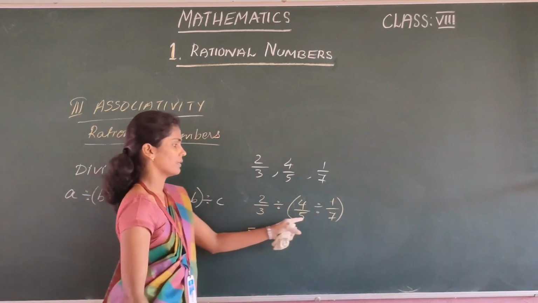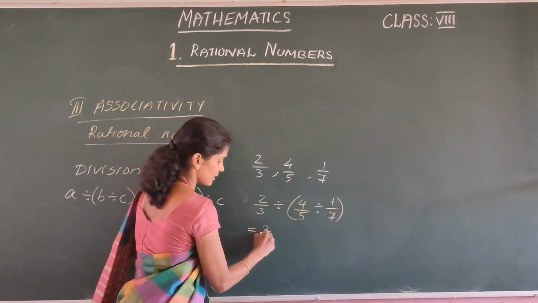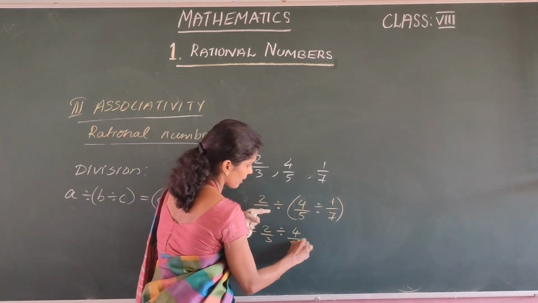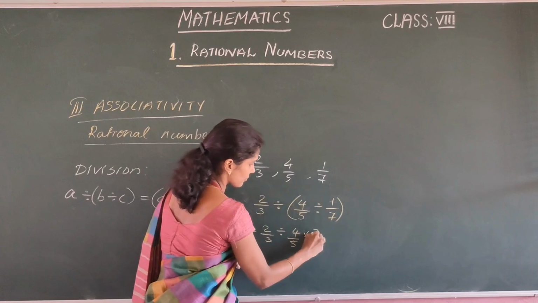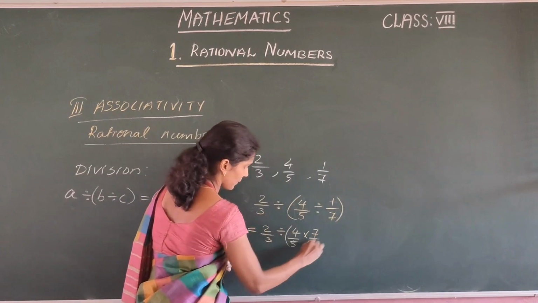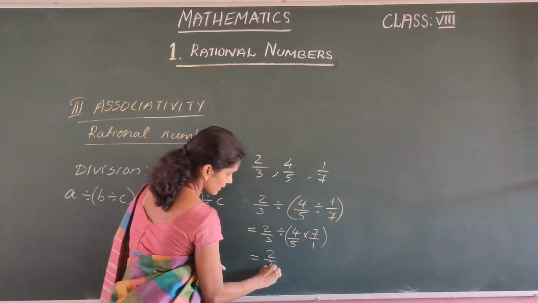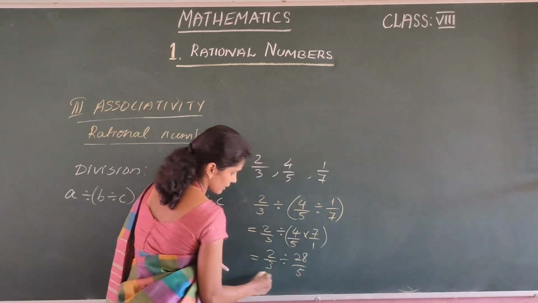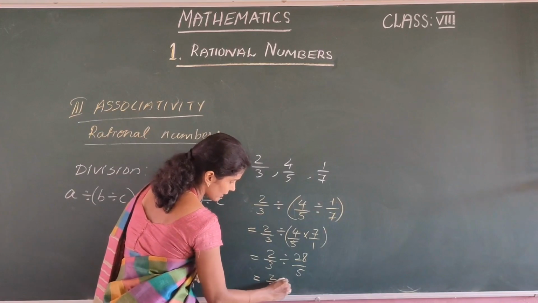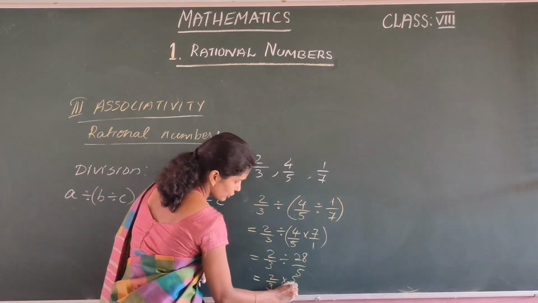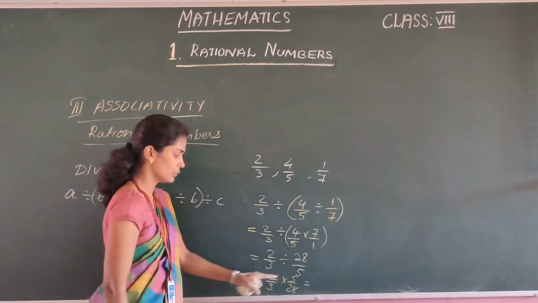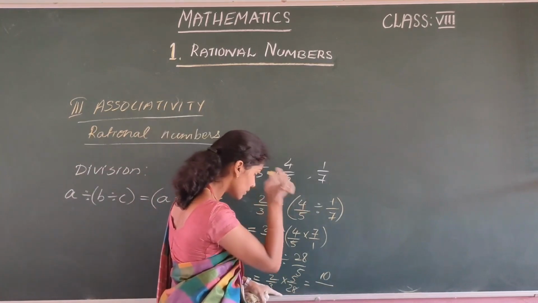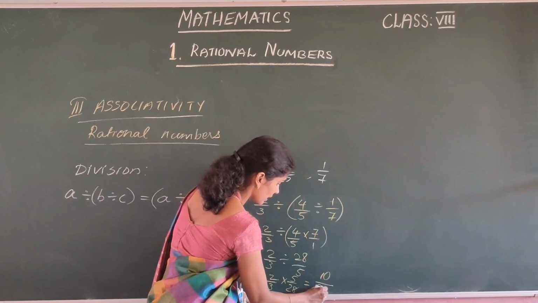We solve this first: 4/5 divided by 1/7 is 4/5 into the reciprocal of this, that is 28/5. So 2/3 divided by 28/5 is equal to 2/3 into 5/28, which is equal to 10/84.